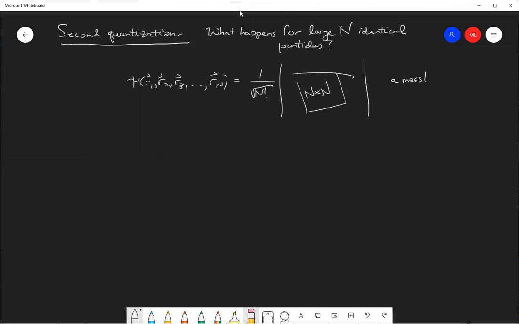But let's think about one of the major applications of this formalism, which we'll see, would be n identical fermions. You can think about electrons in a solid, maybe. And what's the idea?